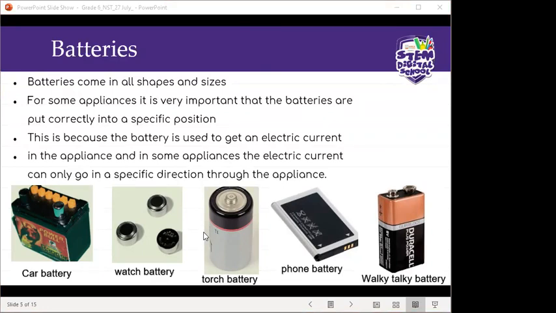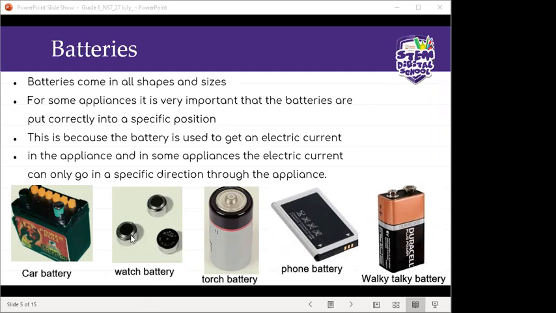And what we also notice about all these different types of batteries is that they all have that positive as well as a negative terminal. Okay, so all of them, no matter the size and no matter the shape, they all have that positive as well as negative terminal. If you can just look at the car battery, it has this terminal right here and that terminal right there.